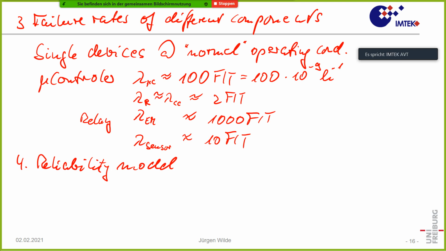No, that relates to systems. Here the question was more for single devices. Yeah, we are talking about the question. We have some external influencing parameters, or maybe also some internal influencing parameters, and how the failure rate is affected by this.